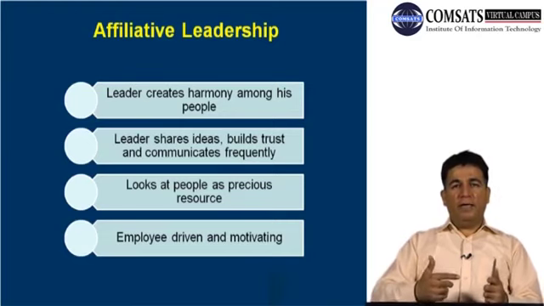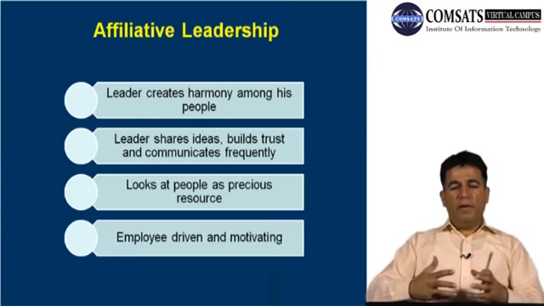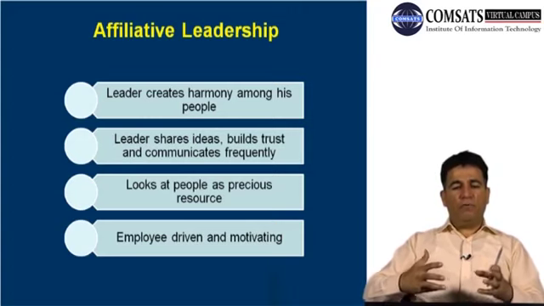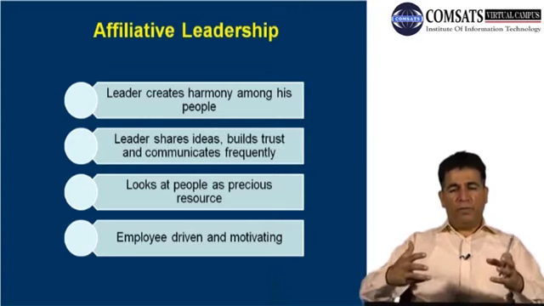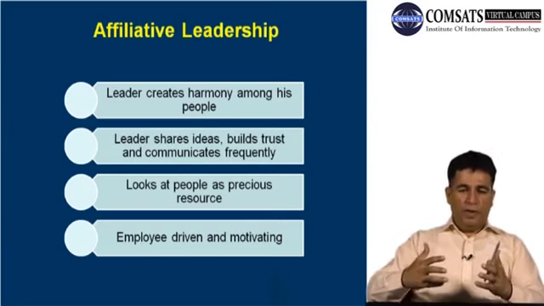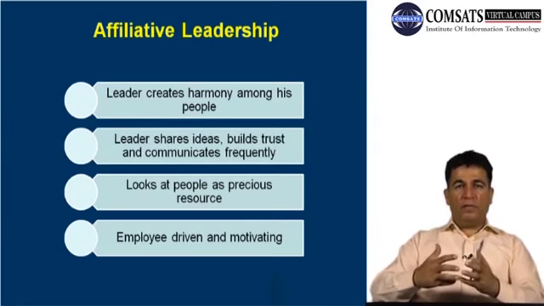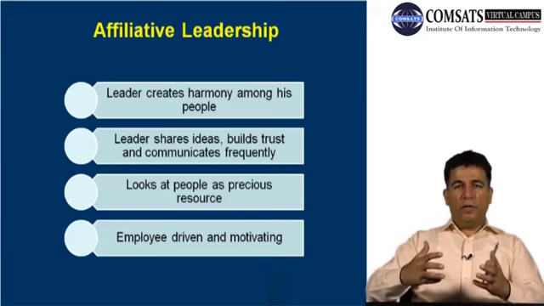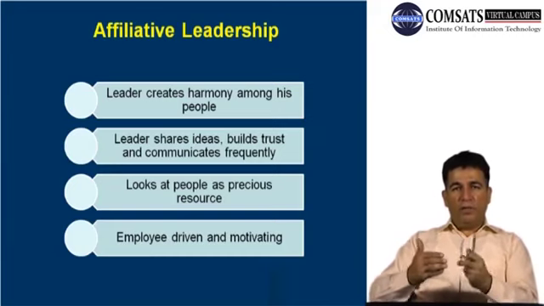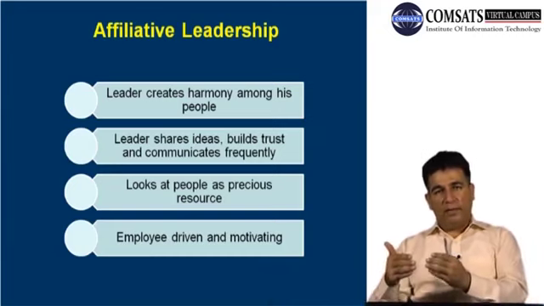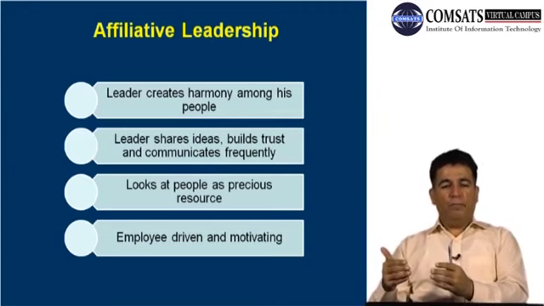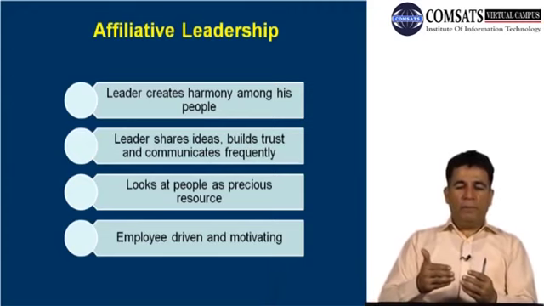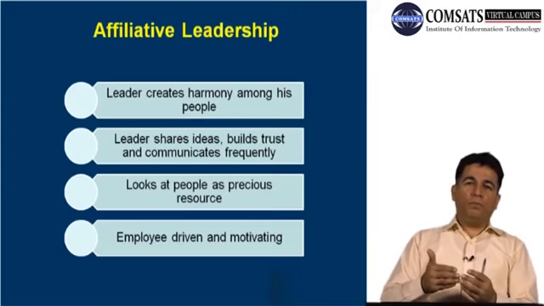Sharing ideas is one feature, and the other things are building trust and communicating frequently. These are really wonderful things, sharing and building trust, and communication that is really frequent. These things are of course strengthening this leadership style. The next one is that the leader looks at people as a precious resource.